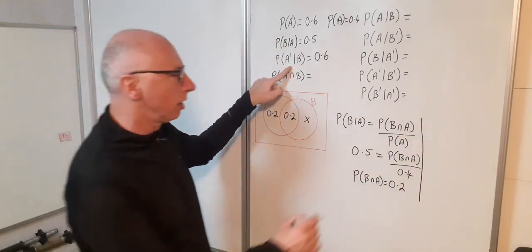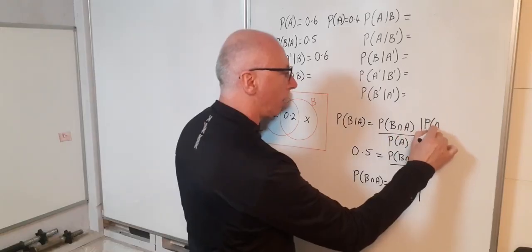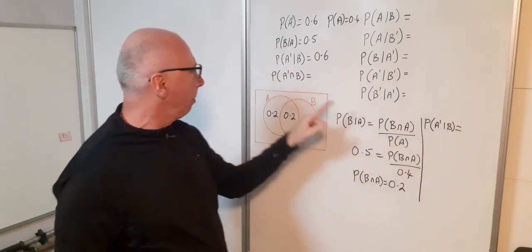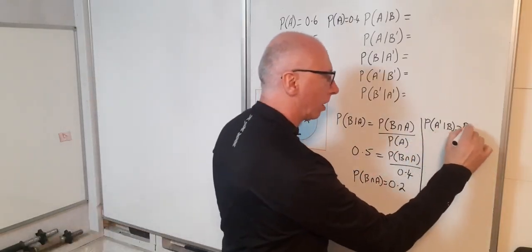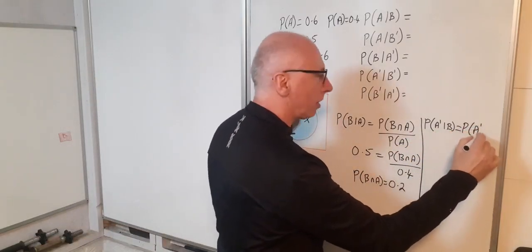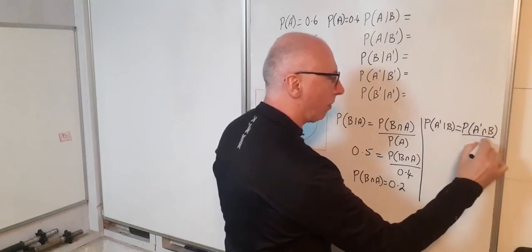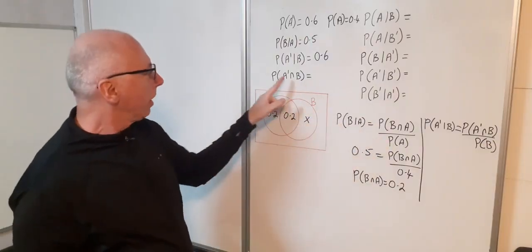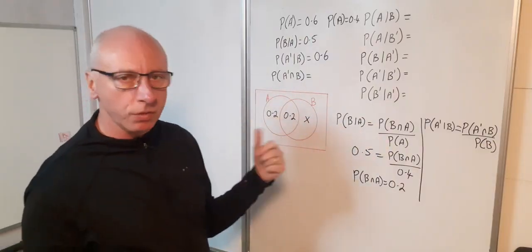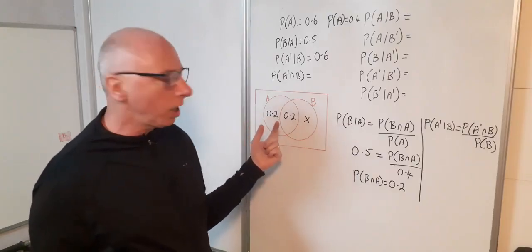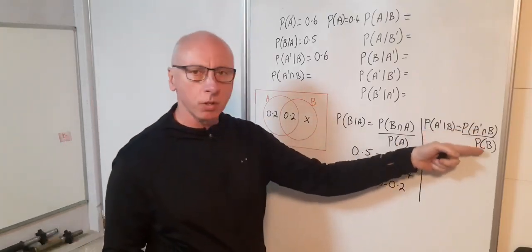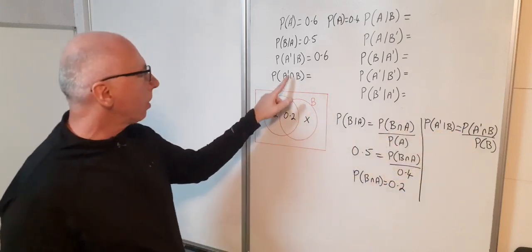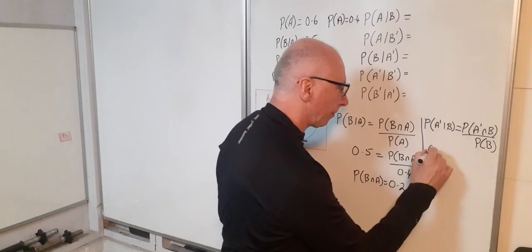So this probability of not A given B has already happened, that would probably be the probability of this: not A intersection B over the probability of B. So now if I call that X, the variable in the numerator and denominator will be using the same X. So this is 0.6.